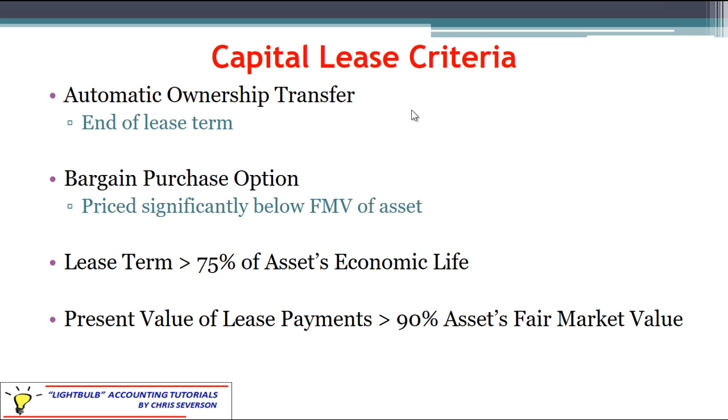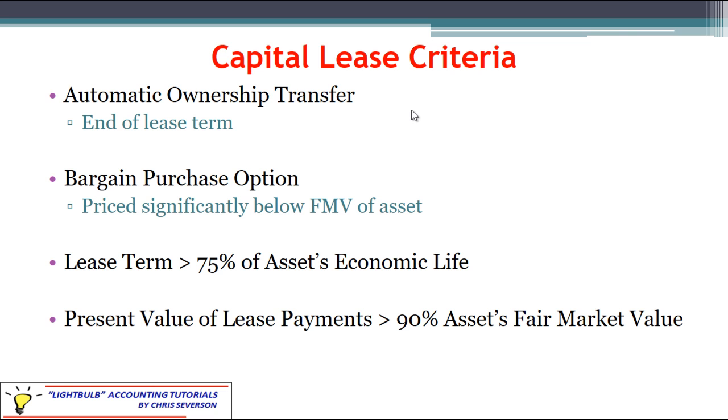Now, bargain purchase option, what is considered a bargain? So we know what the fair market value of the asset would be at that time. If the bargain purchase option is priced significantly below that, in other words, that lessee gets a better deal than any other customer would, considerably better deal, then we're going to call this a capital lease.